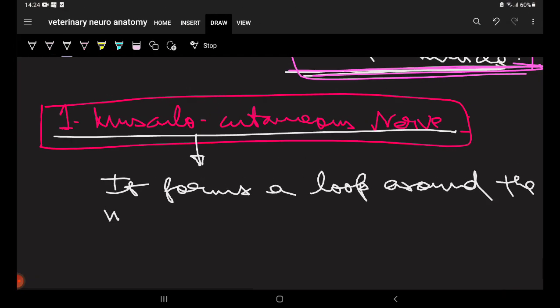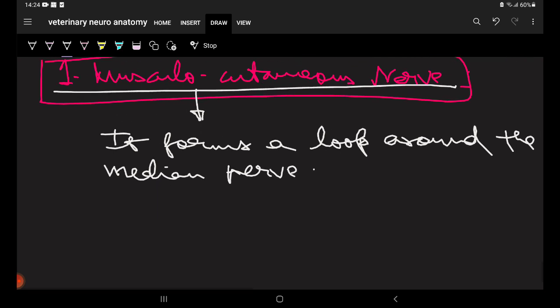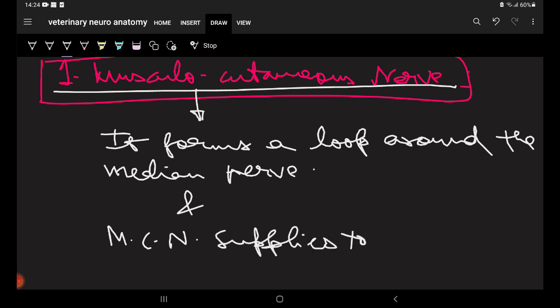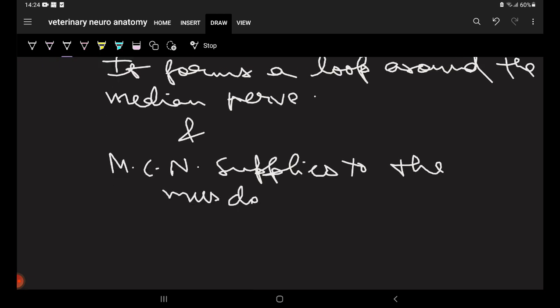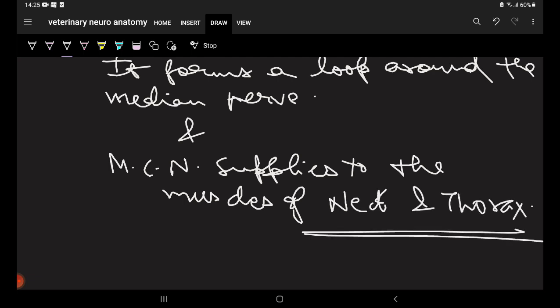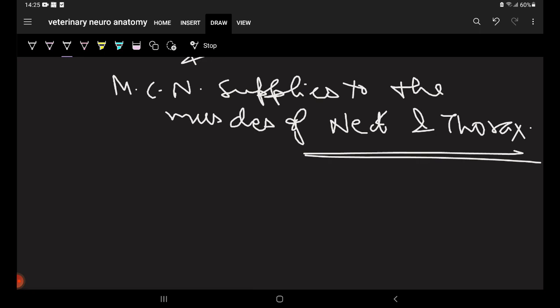It forms a loop around median nerve. And musculocutaneous nerve supplies the muscles of neck and thorax. Okay. So this was all about the musculocutaneous nerve.